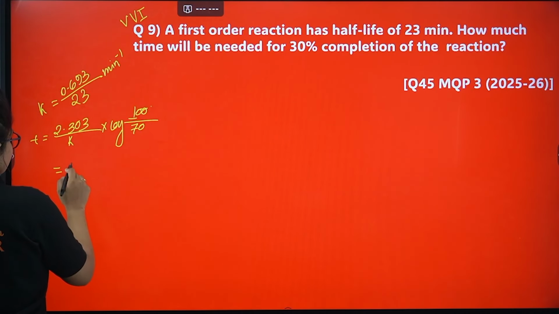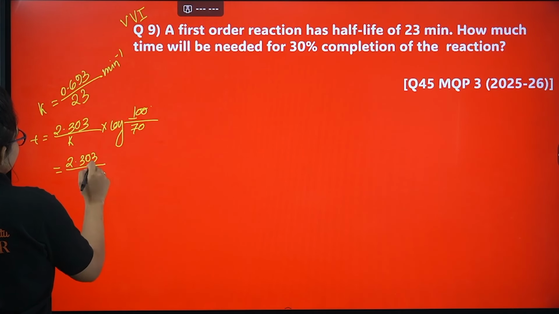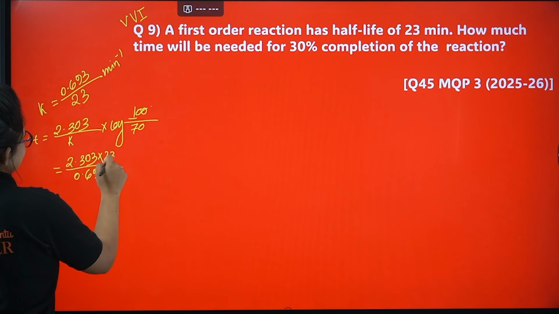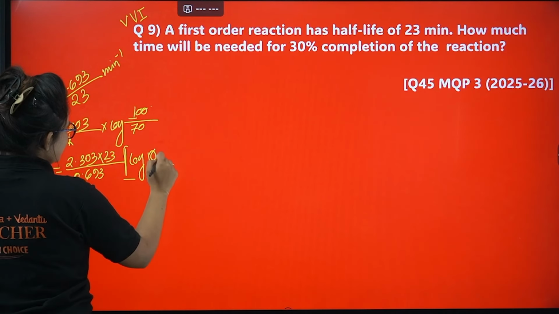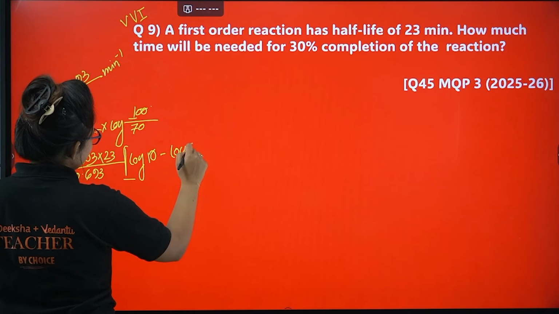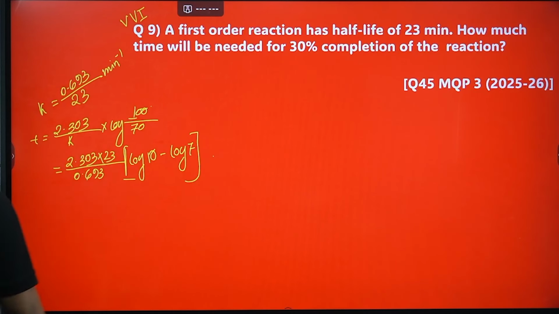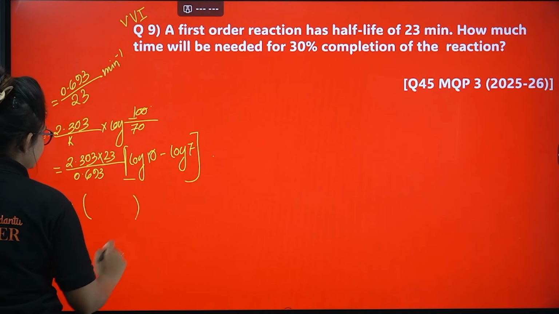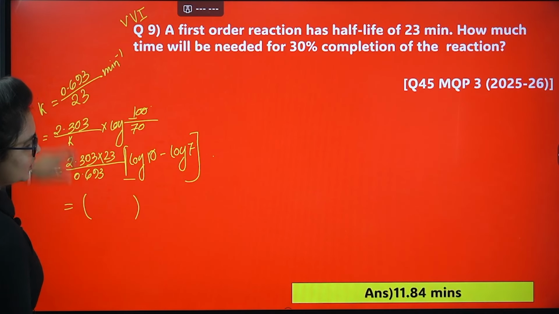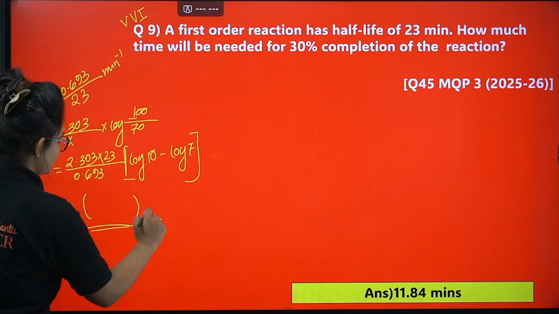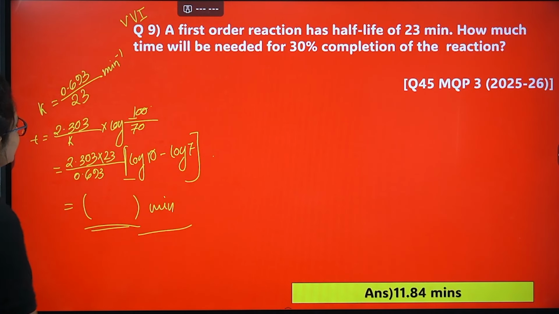So if I put the value of 2.303 by K, that is 0.693 into 23, here log 10 minus log 7, right? You can put the value here and go ahead with the calculation. Your answer should be 11.84 minutes, something like that. That's it. I guess this is clear for you.